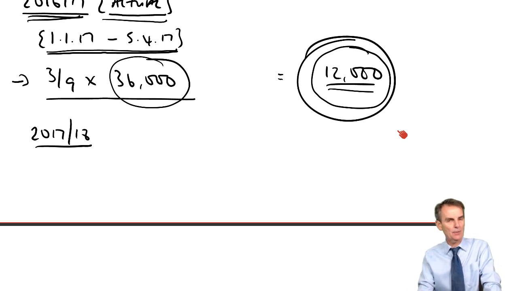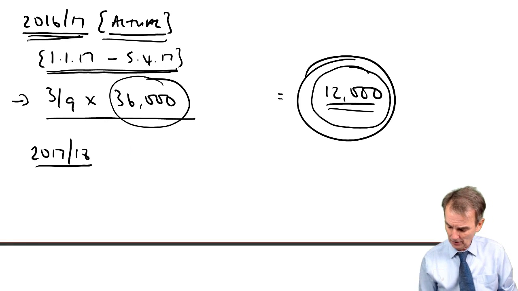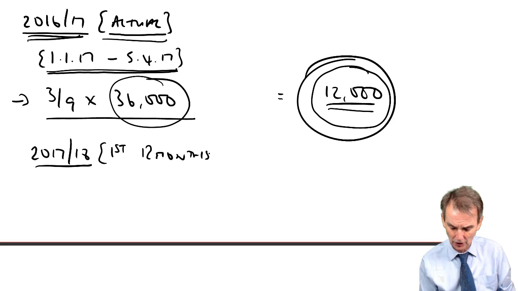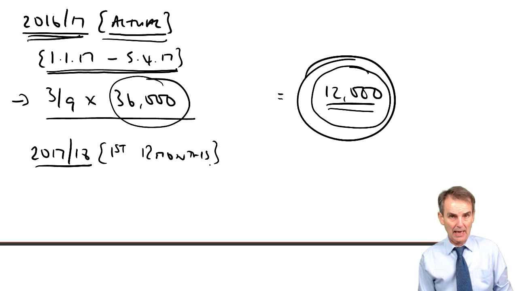What basis of assessment do we use where there is a short accounting period that ends in that second tax year? That basis of assessment, as we should know there, is we take the profits of the first 12 months of trading. So, basis of assessment stated, basis period.